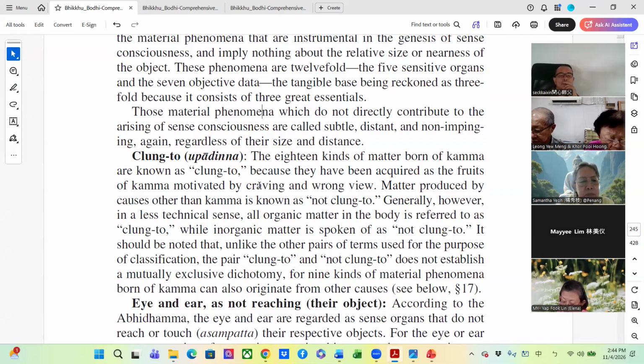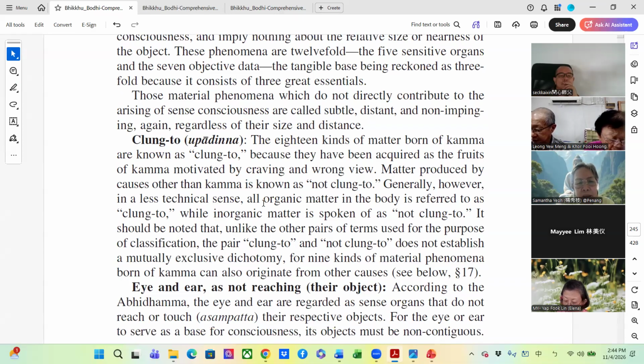Matter produced by causes other than karma is known as not clung to. Generally, however, in a less technical sense, all organic matter in the body is referred to as clung to, while inorganic matter is spoken of as not clung to.